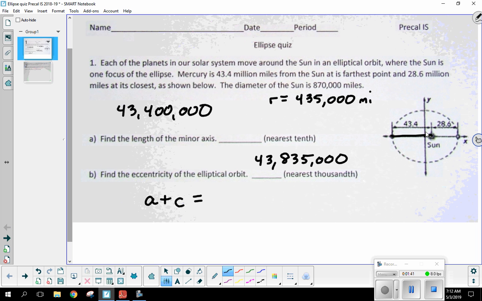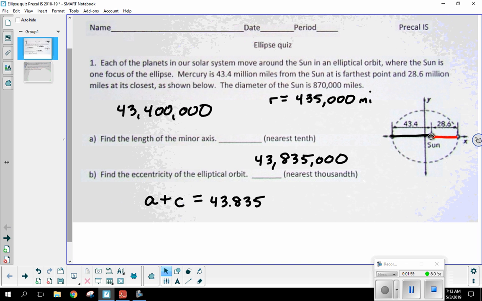Now I'm going to put it in terms of how the problem presented those millions of miles to me. So I'm just going to say 43.835.